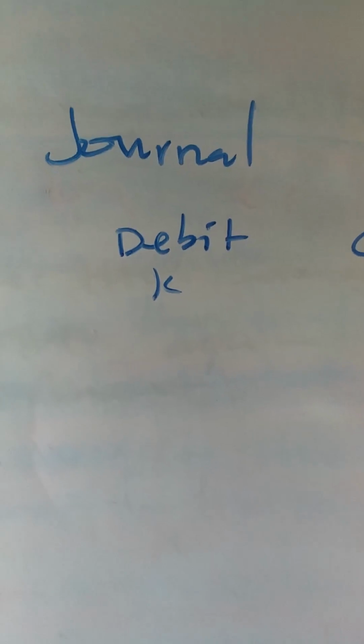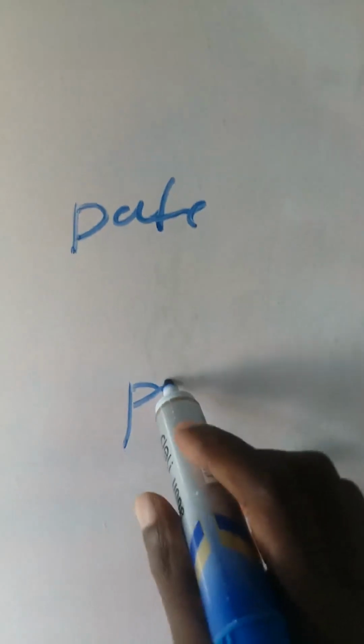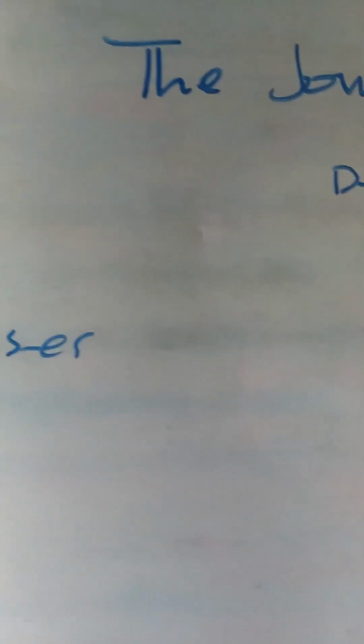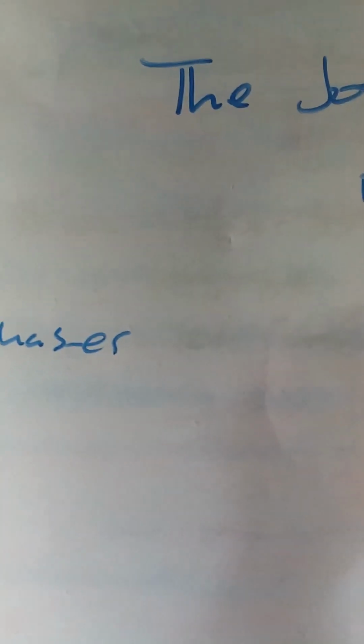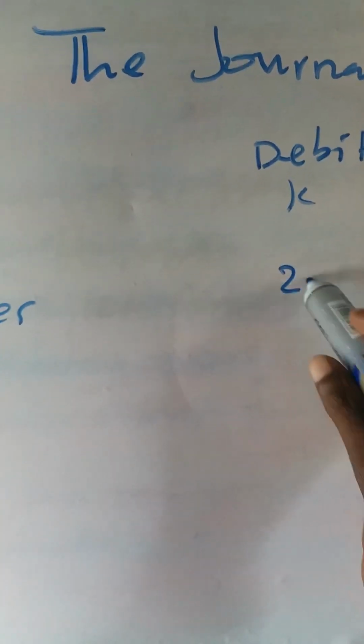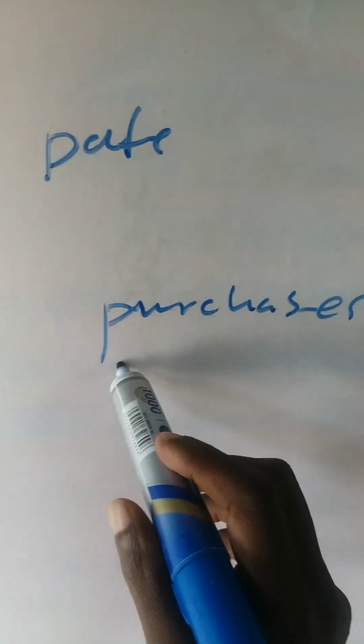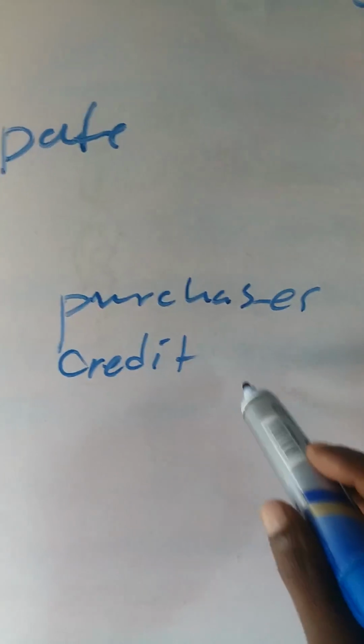Once you have anything to debit, you are going to state the account to debit here. Let's say purchases. I'll give a more practical example, and then the amount that's supposed to be debited in the purchases, and then let's say maybe you have to credit the cash book.